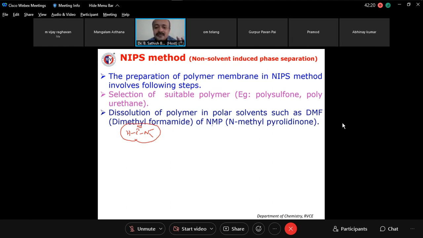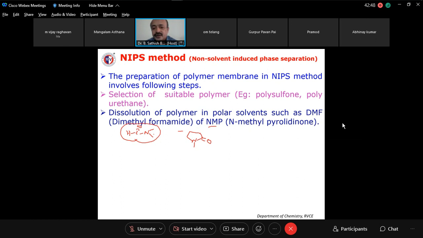Another similar solvent used in polymer membrane synthesis is N-methyl pyrrolidone. It's a cyclic compound, N-methyl pyrrolidone, with a C double bond O. So this is one more solvent.